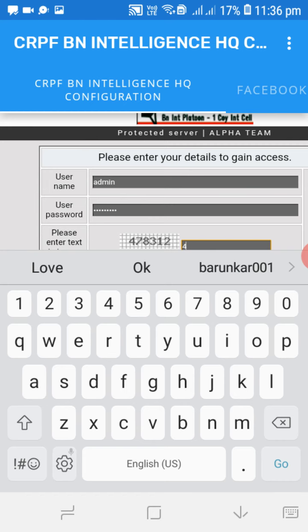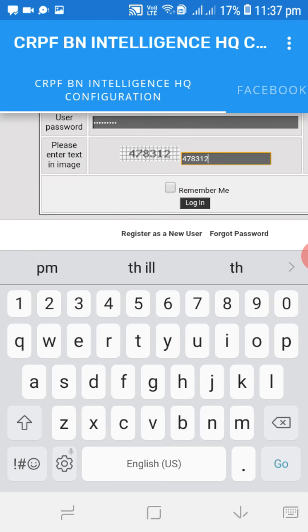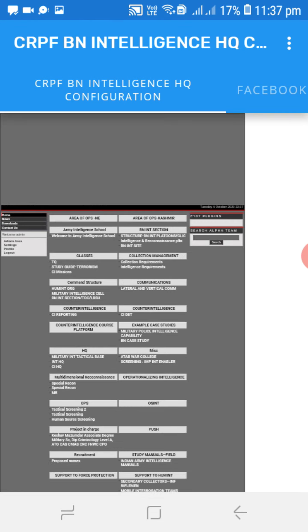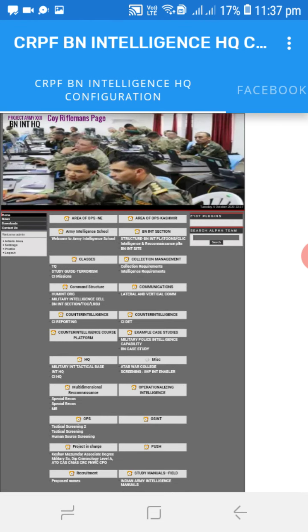Here, logged in. This is the Sipahi room.